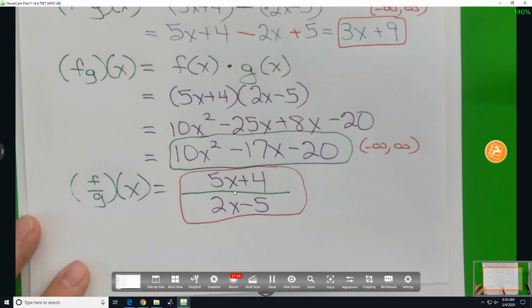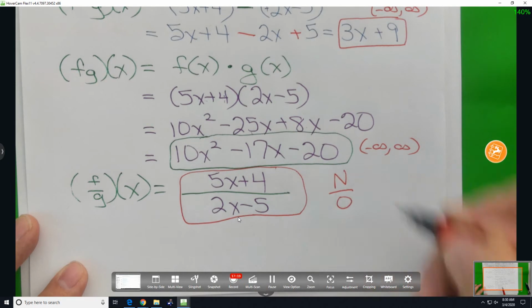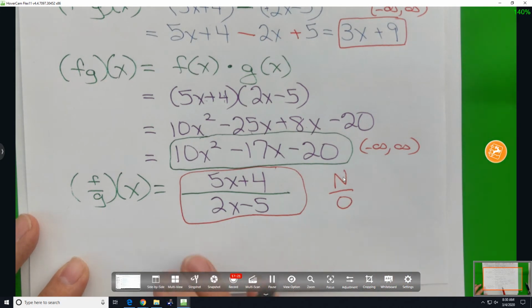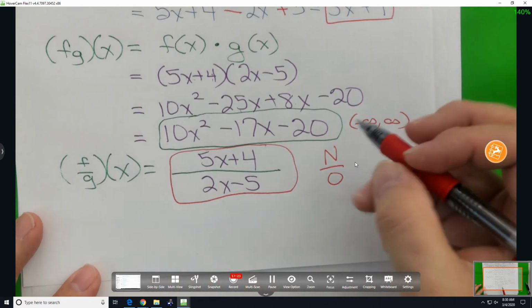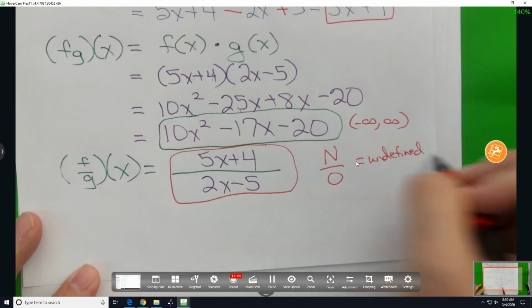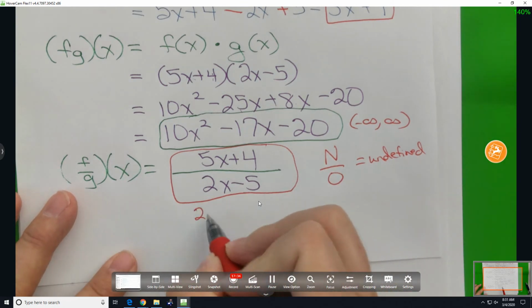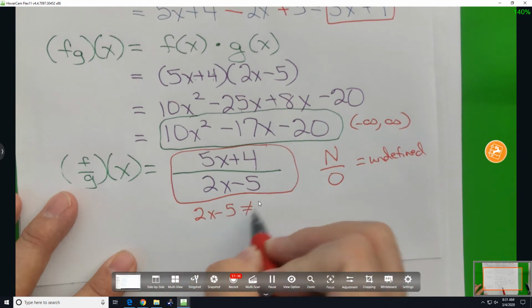When is an expression undefined? A number divided by 0. You can't do that. That's undefined. So we don't want a denominator of 0. That means 2x minus 5 cannot equal 0.